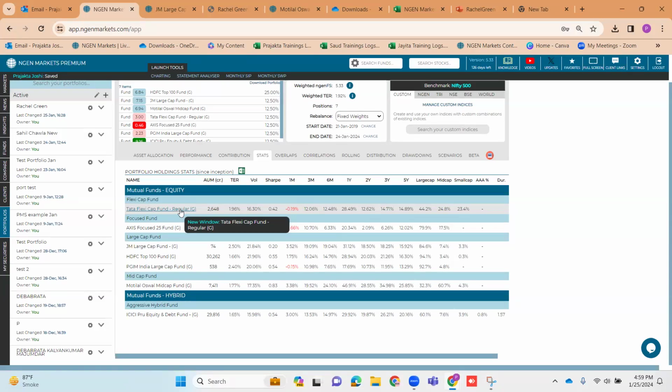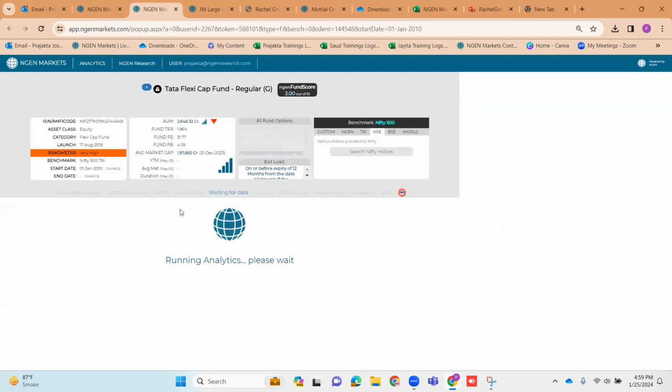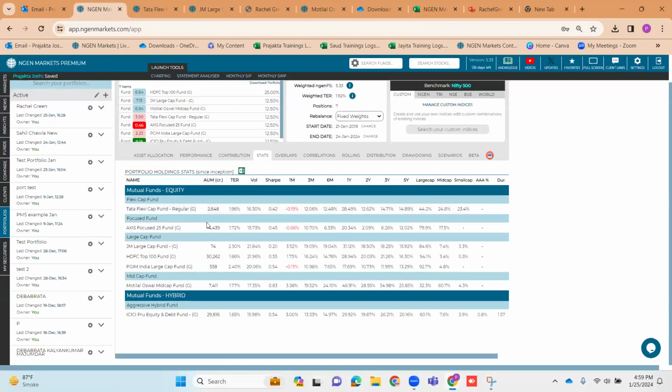Sure. For the case of Tata FlexiCap fund, what benchmark would you want to use? We know the benchmark may be the 500. We can click there and check.